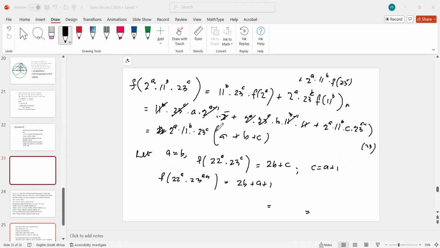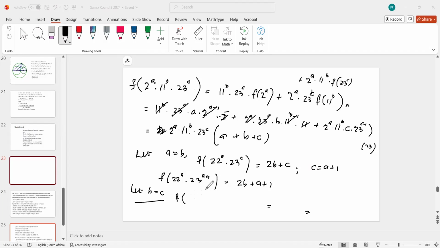And in the other situation, you let b equal to c. And then what do you have? Then you have that f of b is equal to c. So you have 2 to the a... no, you don't want b equal to c.